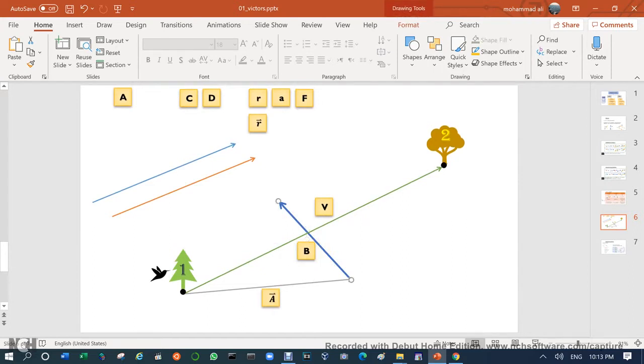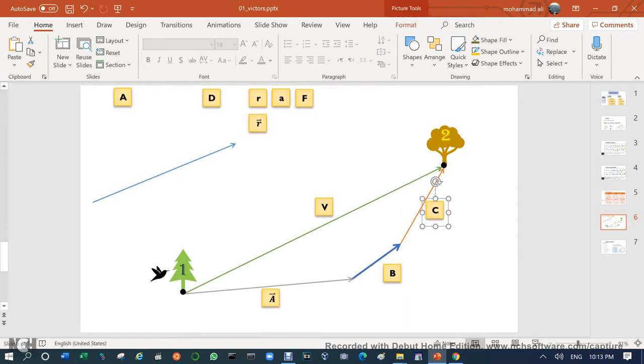I'll make it in this direction. And the third step, it can go this way with vector C. We can add more than one vector to give us a resultant vector.